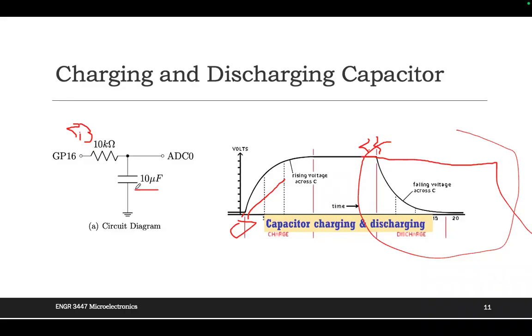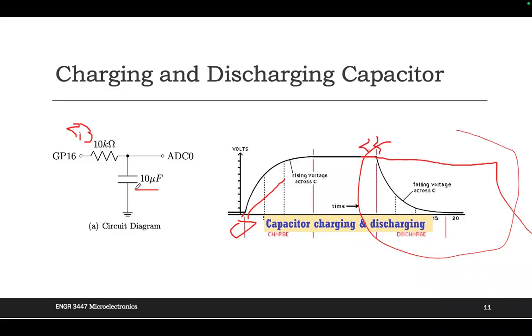So the ADC is similar to being in parallel with the capacitor. That makes sense to you? Any questions so far? If this is your original circuit and you modify your circuit like this, then the voltage for this will change, because it is in series.